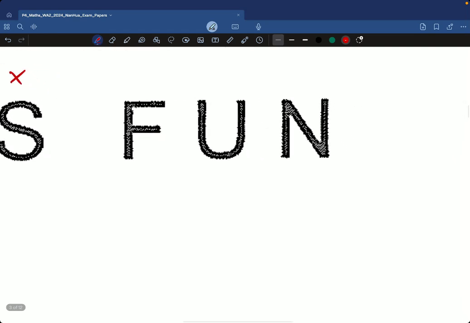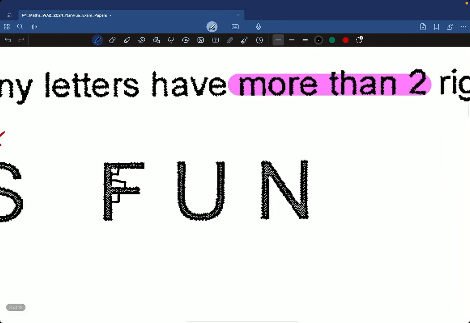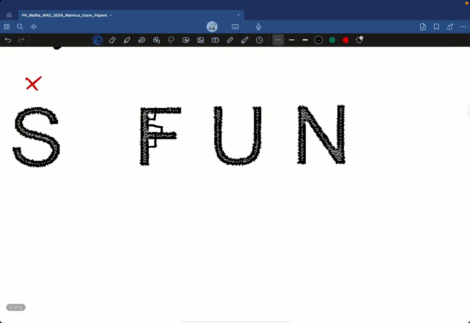Okay, F. What do you think, is it? Does it have more than 2 right angles? So let's see. We have 1 and we have 2. Is that it? We actually have one more, which is here. 3. Okay, right? So we have 3, and does it meet this requirement of more than 2?